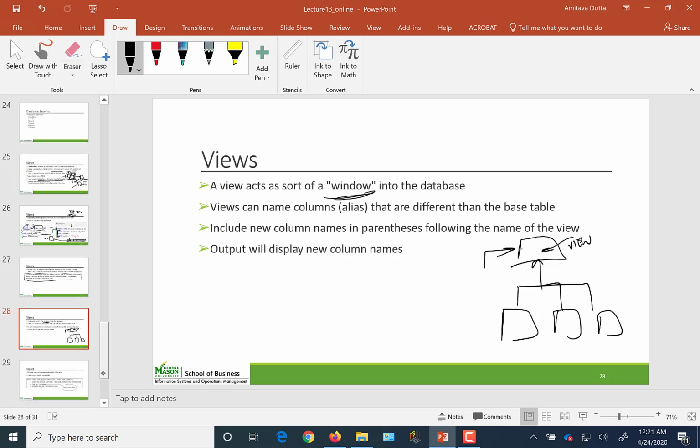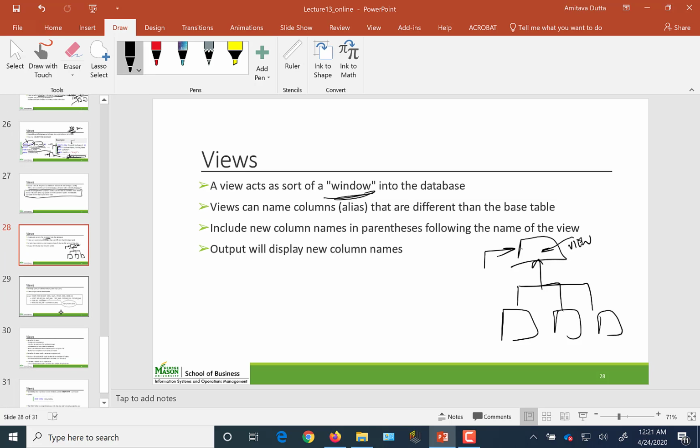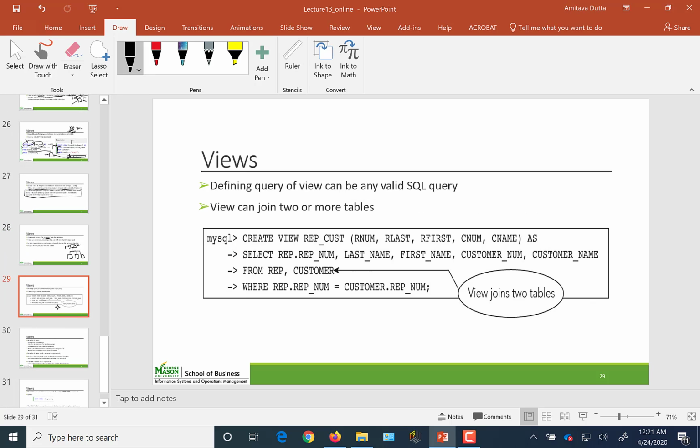Okay, so there's a permanency to a view that is not there in just the SQL command. So here is another more detailed example of creation of a view. You're creating a view called REPCUST, and it is created from two underlying tables, representative and customer, I suppose.